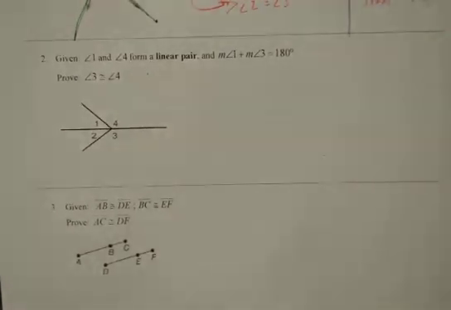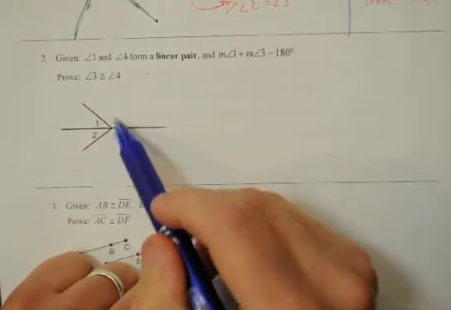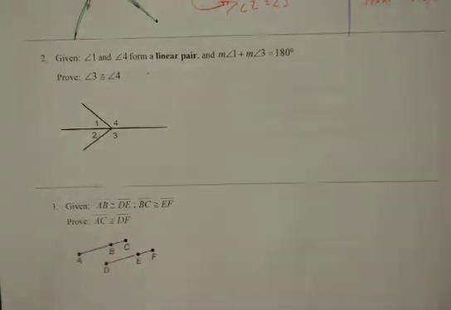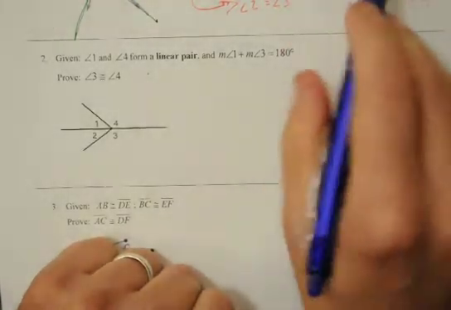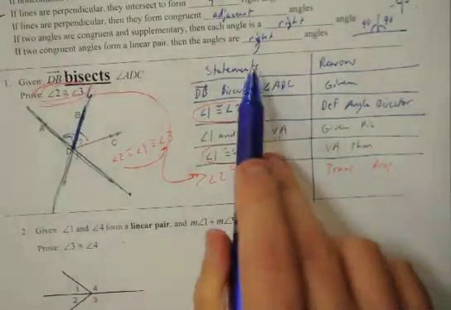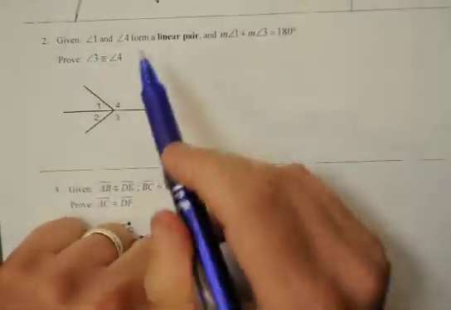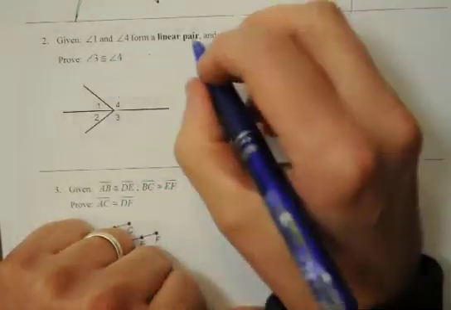Next, we have that 1 and 4 make a linear pair. And in this scenario, I'm going to do a paragraph proof for this one. So instead of writing the two columns like above, every line of this turns into a sentence. So we're going to start with our given information.